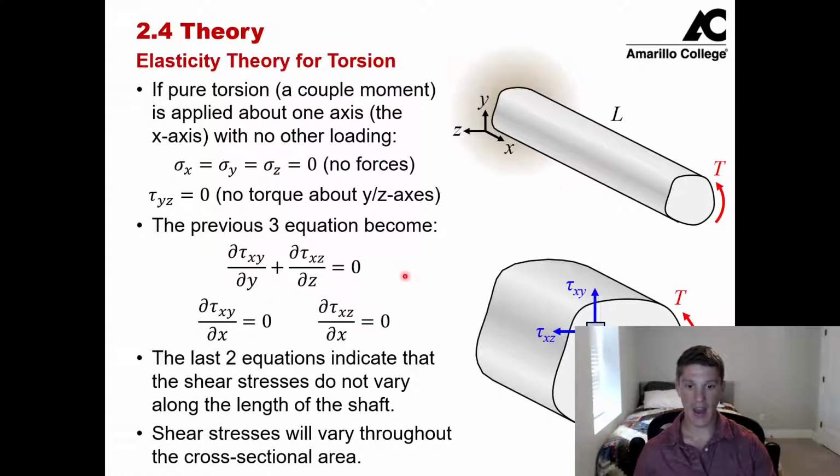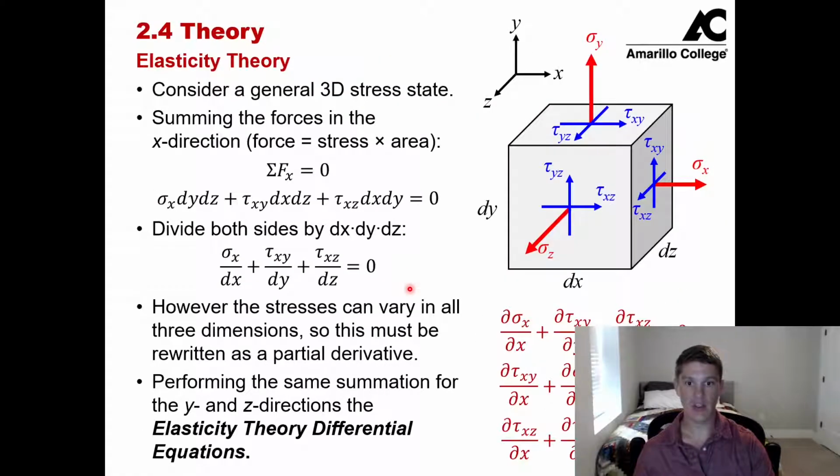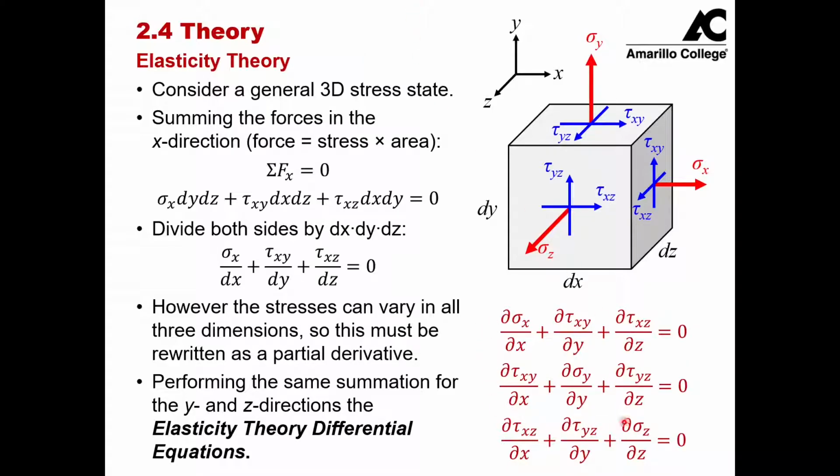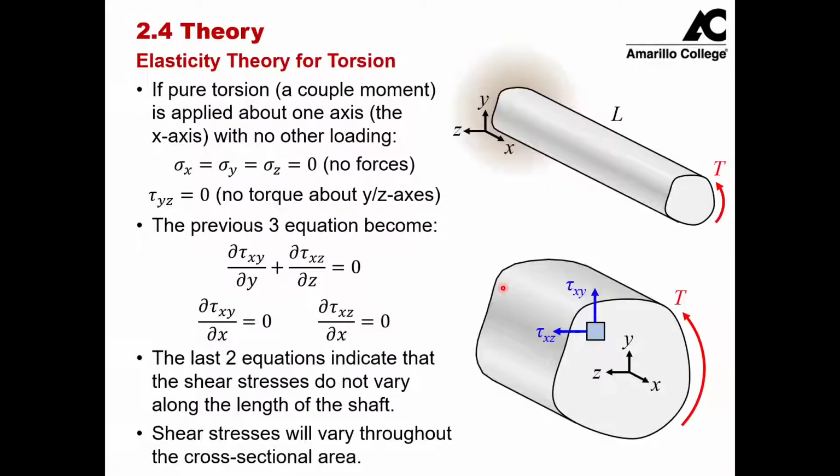So if we go back to our previous three equations and take those terms that we said were going to be 0, these three equations simplify by plugging in everything that is 0. The last two equations indicate that we don't have any shear stress that varies along the x direction.